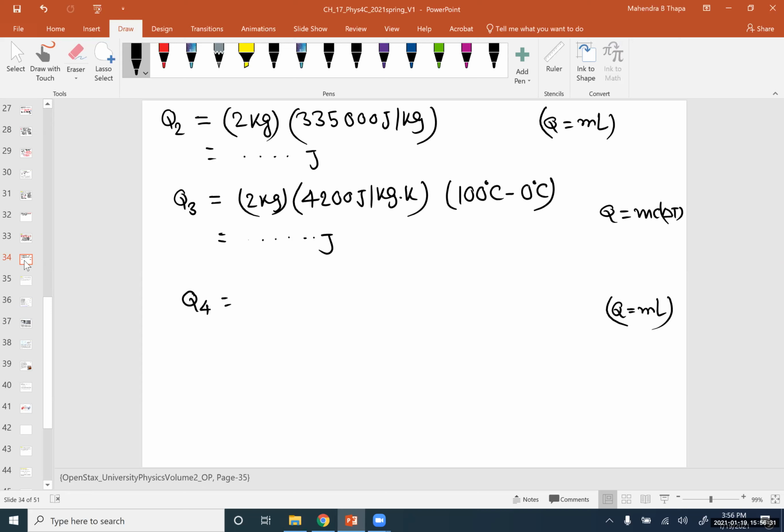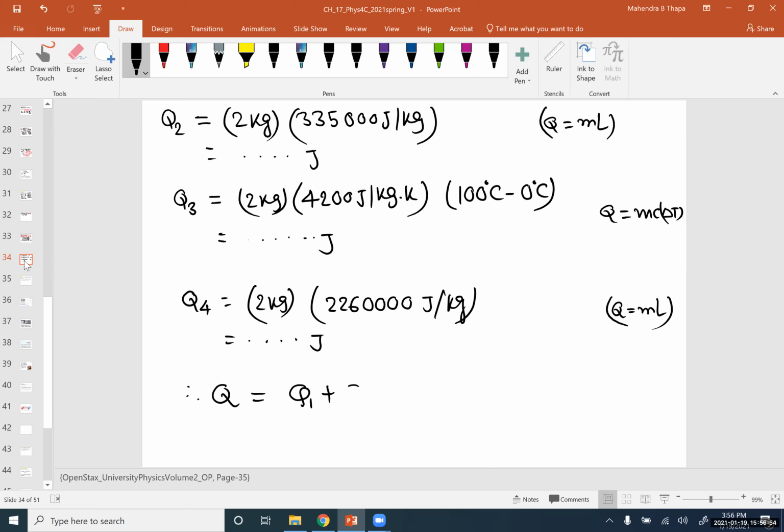So in this case, you can write 2 kilograms, the mass will not change, and the specific latent heat in this case is 226,10203040 joule per kilogram. Okay. So you can find this, then finally you can get the answer by adding all of these. So it will be Q1 plus Q2 plus Q3 plus Q4. Okay. So you can finally get this much amount of joule over here.